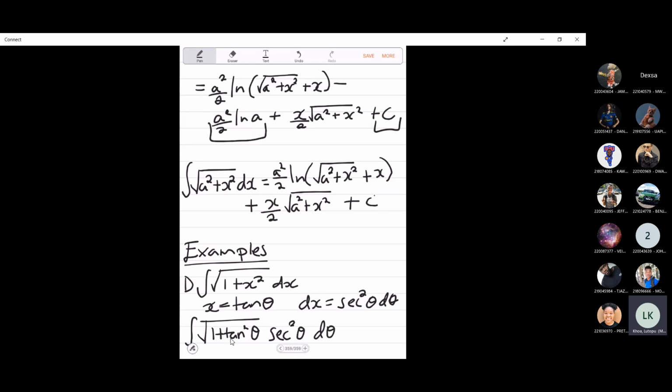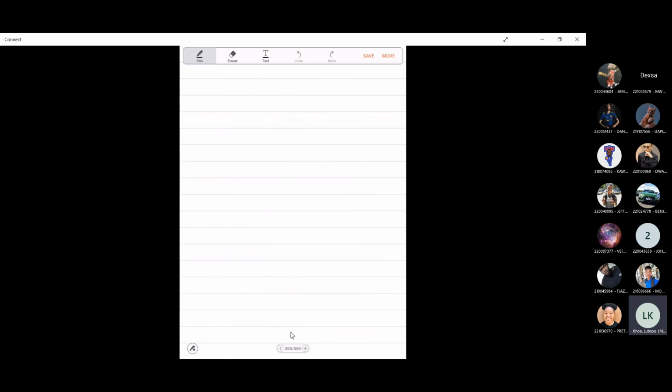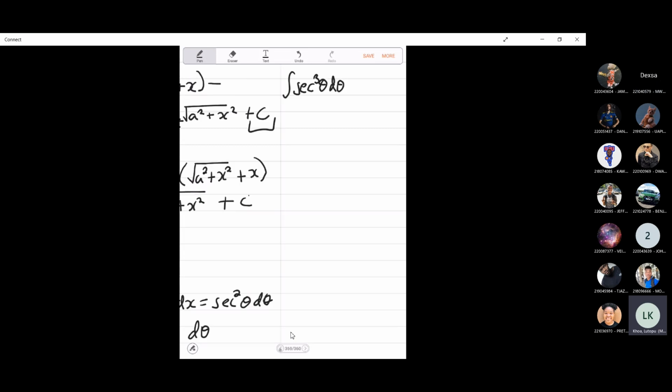We know that 1 plus tan squared theta is sec squared theta. The square root of sec squared theta is sec theta. So sec theta times sec squared theta is sec to the power of 3 of theta. So the integral of sec to the power of 3 of theta d theta, that is what we are trying to work out.